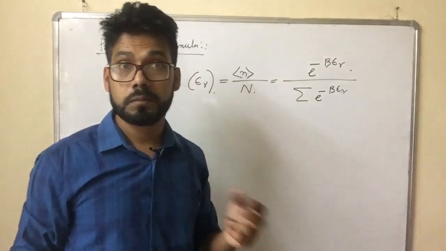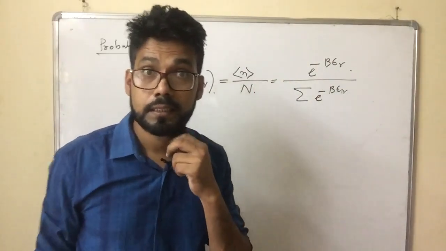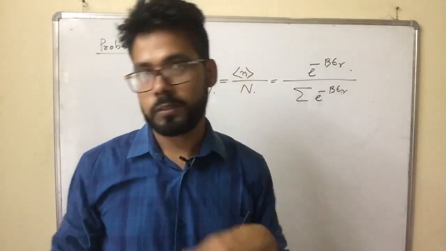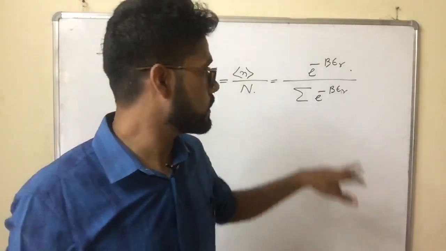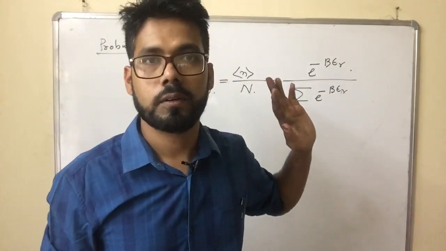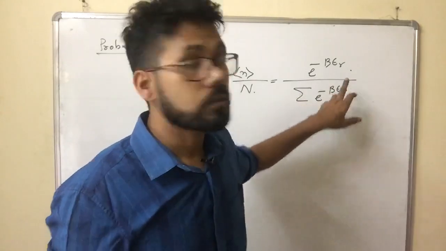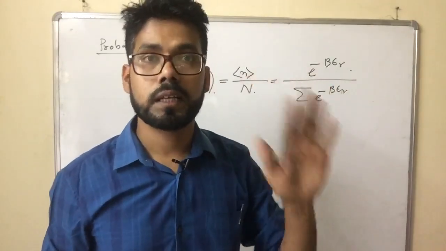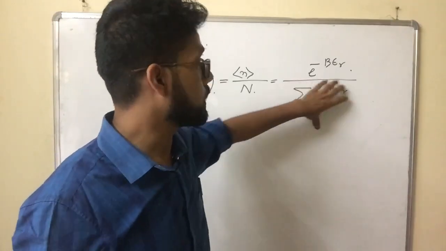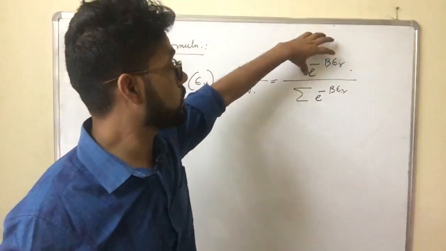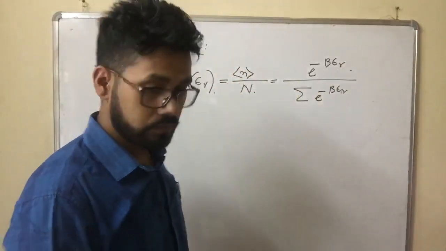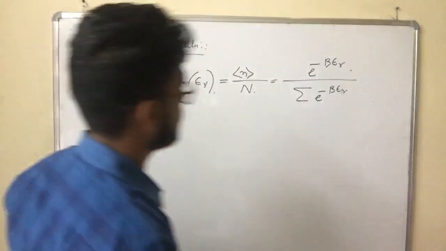The dimension of beta is electron volt inverse and energy is in electron volt, so they cancel out. So e to the power of a constant will give only a numerical value. It does not have any dimension. Always remember. So this is the total, and this is the energy state.